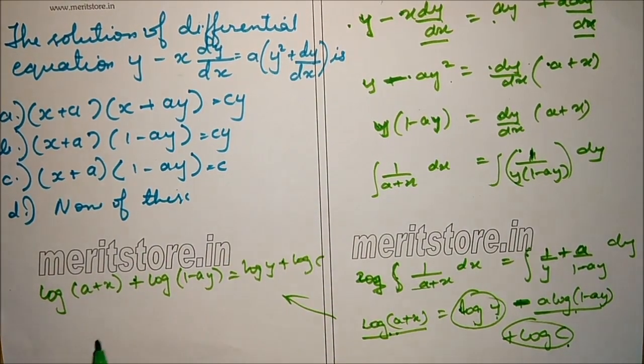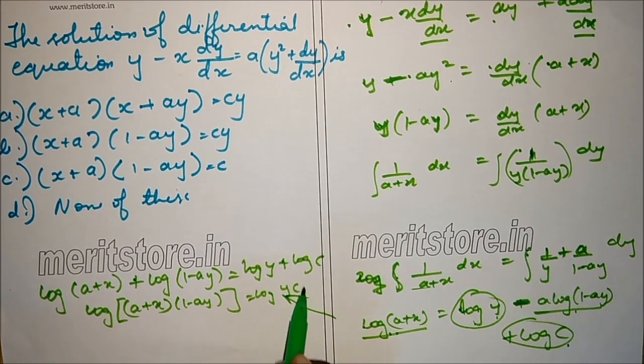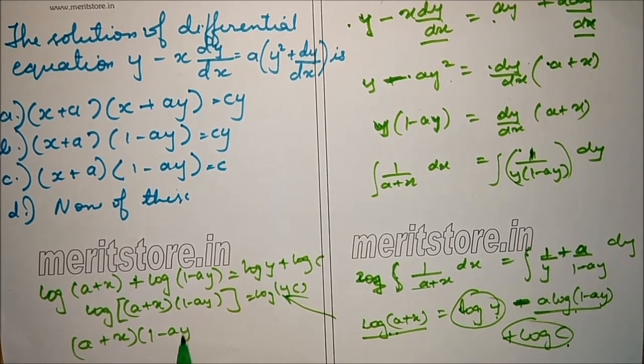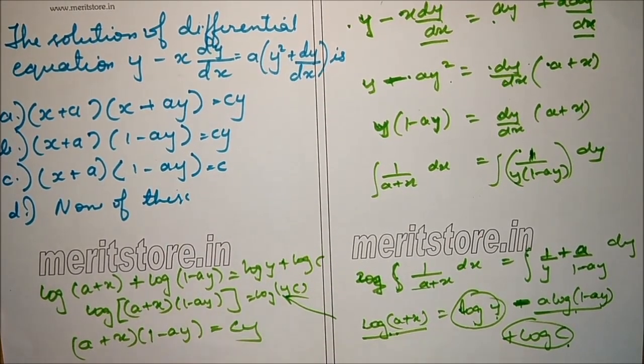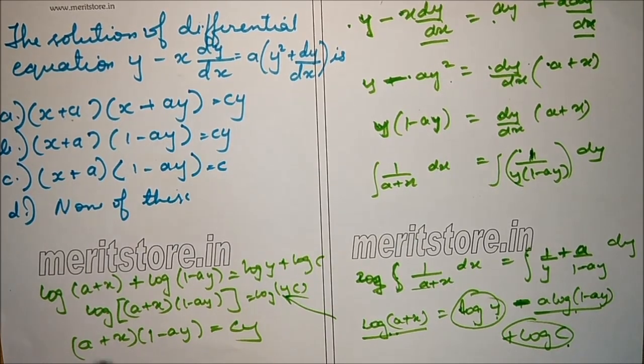So by law of logarithm, this will be log of a plus x into 1 minus ay is equal to log of yc. Therefore a plus x into 1 minus ay is equal to cy. So comparing it with the options, this will be x plus a into 1 minus ay is equal to cy, which is option B.